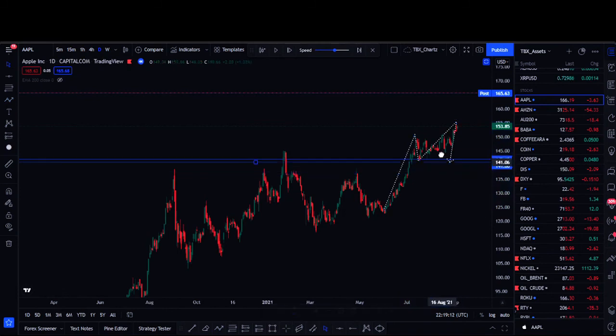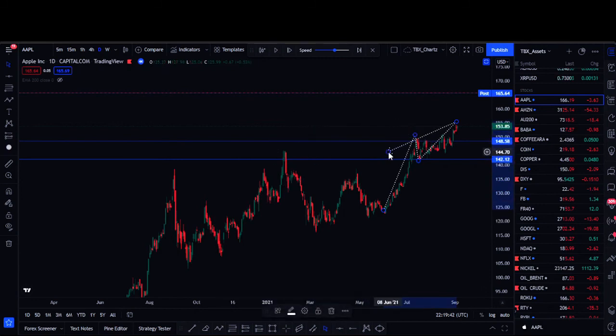Instead, this is supposed to be the zone because price is permitted to enter into this zone, to play inside this zone, but it's not permitted to break this zone at all. Because if price breaks this zone, it's going to be a break of structure, and we are going to be expecting another trend aside from this uptrend. So because of that, this is where the support is going to be.